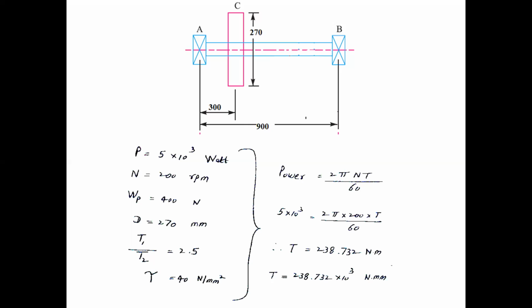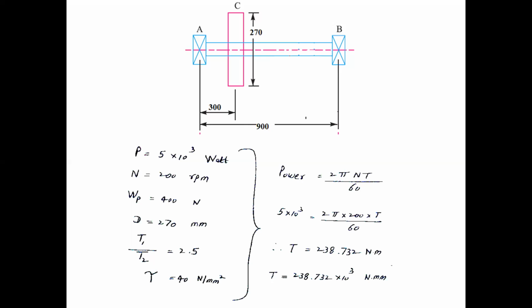That torque will create torsional shear stress, as well as the weight and belt tensions may create bending. So this is the combined problem of bending as well as torsional stresses on the shaft. Let us one by one get the torque transmitted and the moment, so that you can find the diameter by using our equation.